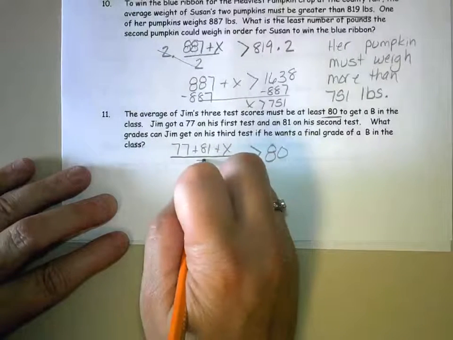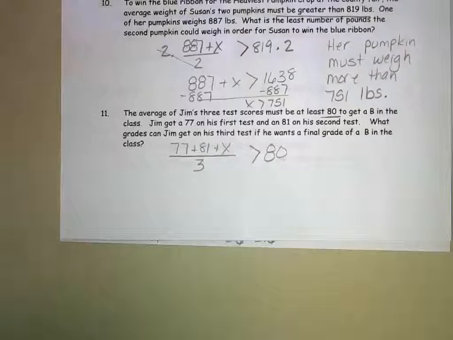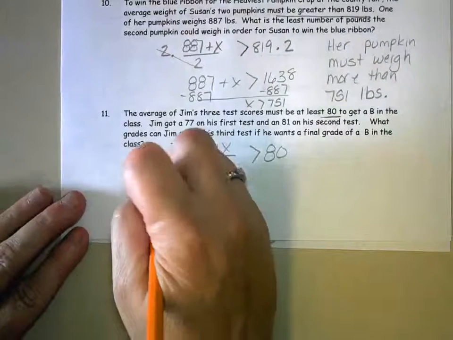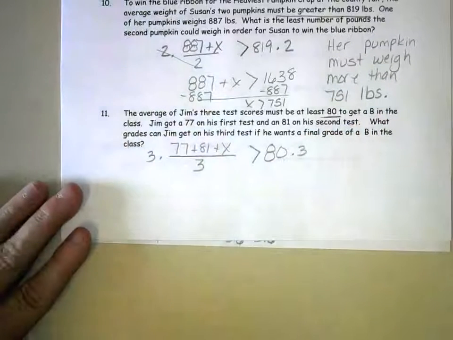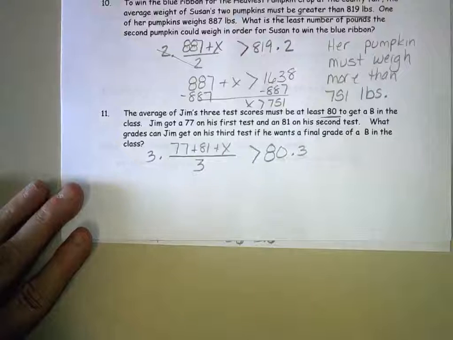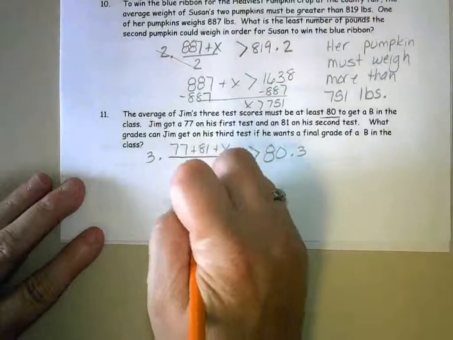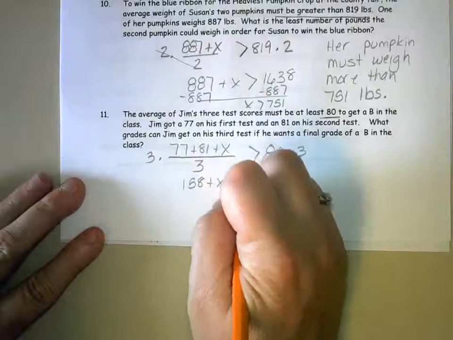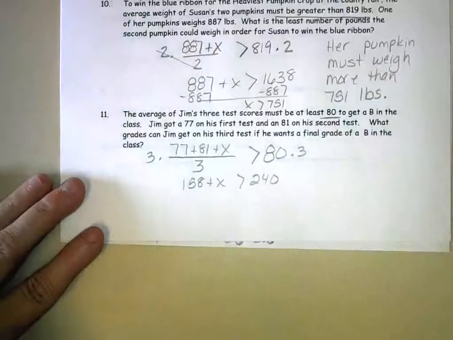Average of those 3 test scores, you add them and divide by 3. Solving this, we're going to multiply both sides by 3. And I'm going to combine these two, so that becomes 158 plus x is greater than or equal to 240.